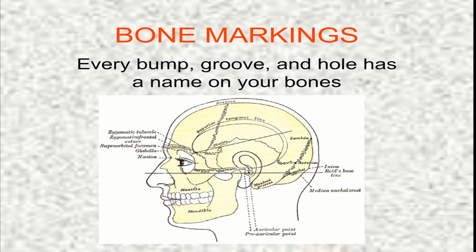We're not going to name every specific one, but I am going to give you the groups of those names so that you can start to look at the skeleton in anatomical terms.